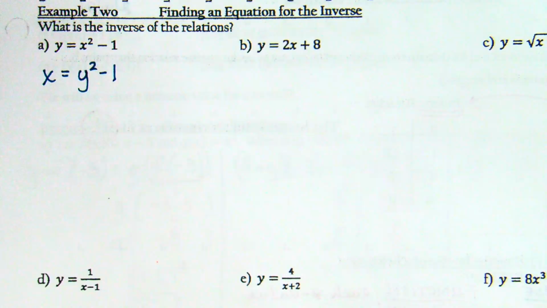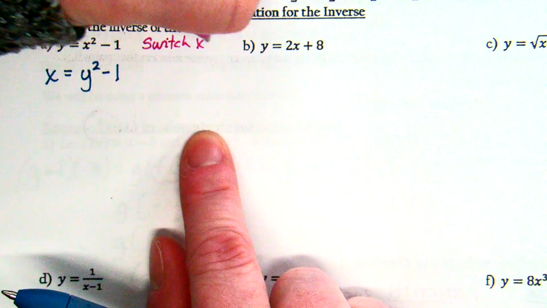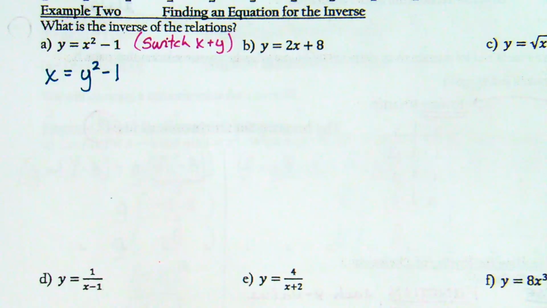And if you need a step to remind yourself, the step I did here is I switch the x and y. After we switch x and y, what do I do to get this in a better form?